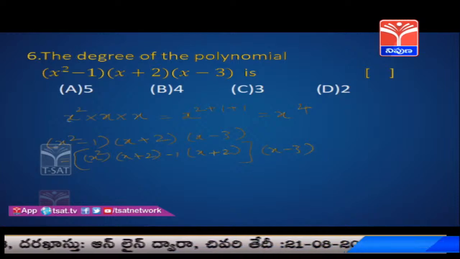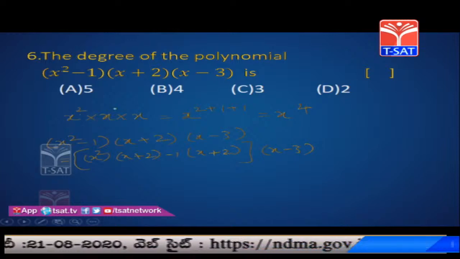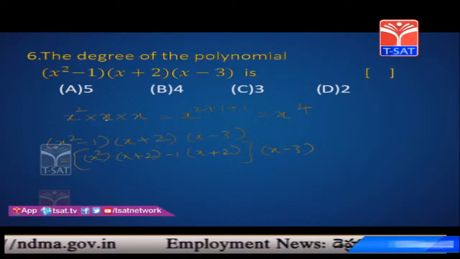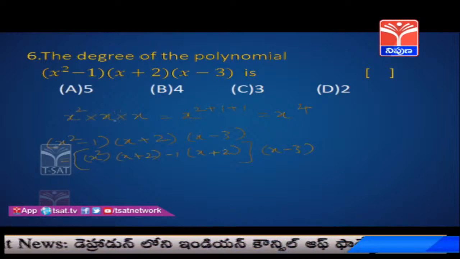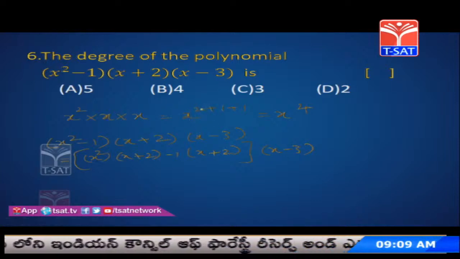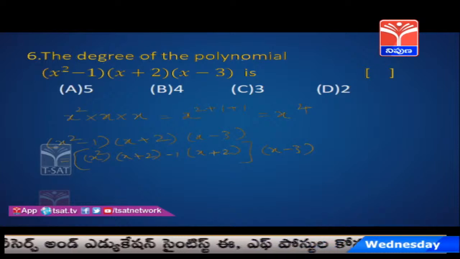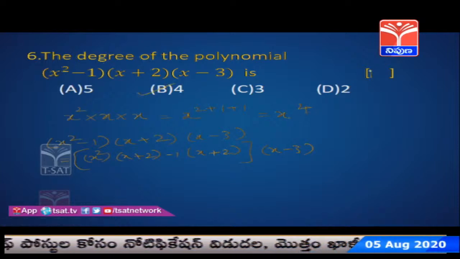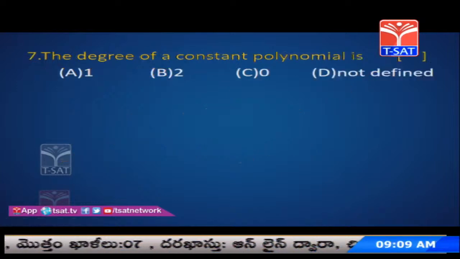Instead of that, you multiply only the x terms, x square into x into x. This is same as a power m into a power n. When bases are same, power should be added. So, you have to add the powers. What you will get? X power 4. So, what is the degree of the polynomial? 4 is the degree of the polynomial. You should also know how to save the time.